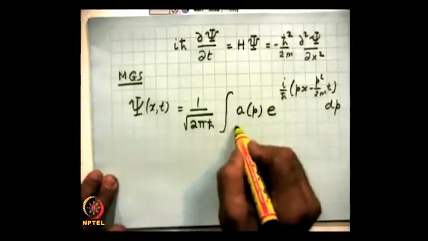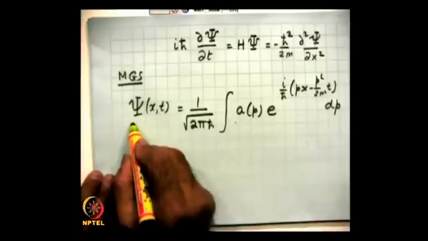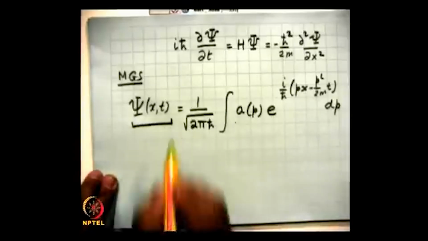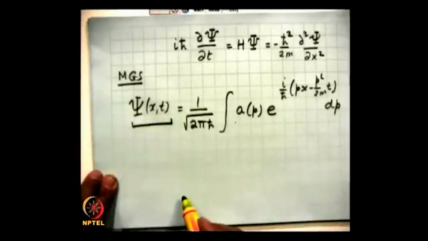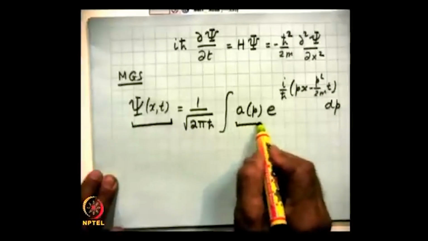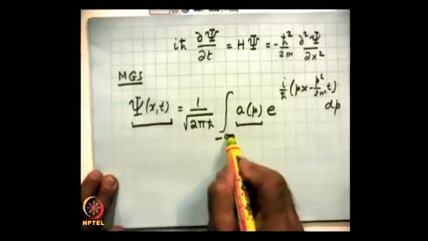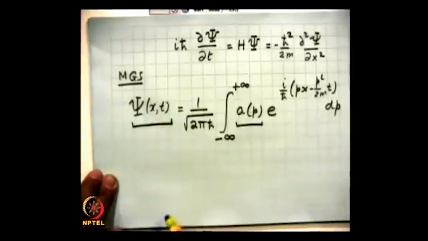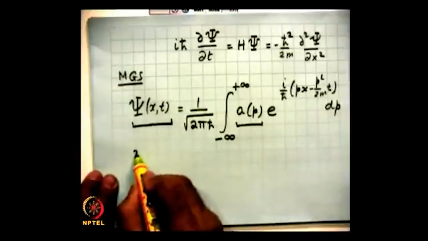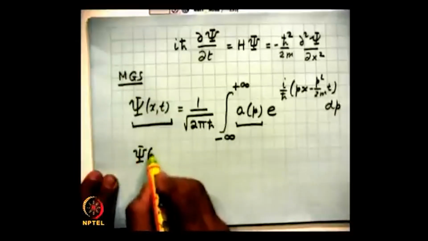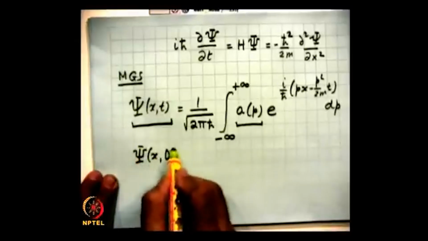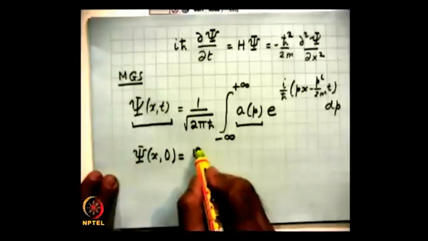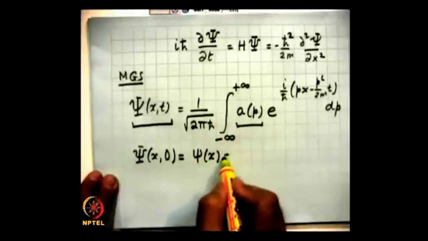Now, my objective is to determine psi of x comma t. The only unknown part is A of p, and the integral is from minus infinity to plus infinity. So, what I say is this: you tell me the form of the wave function at t equal to 0. Let us suppose I know that, psi of x comma 0, that is equal to psi of x.